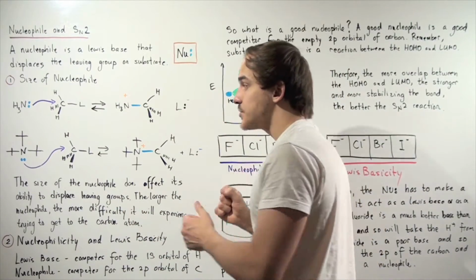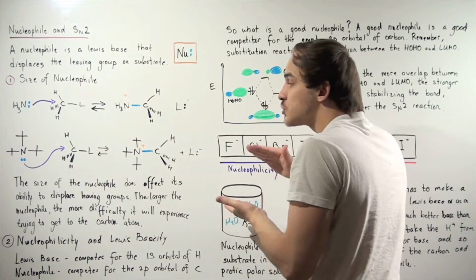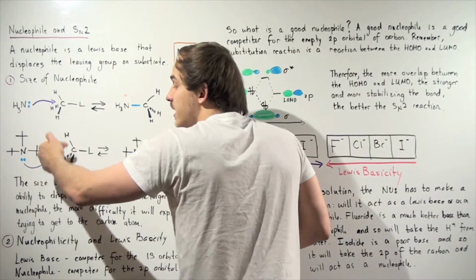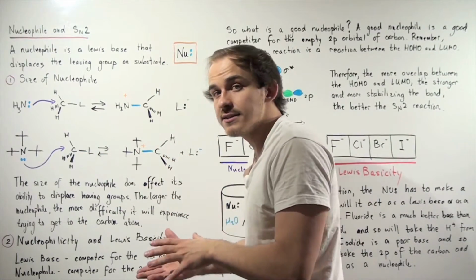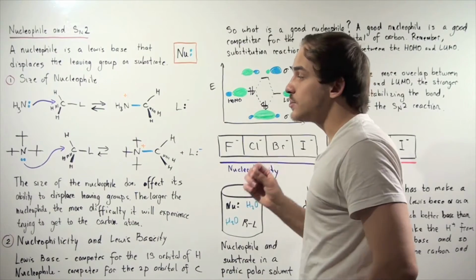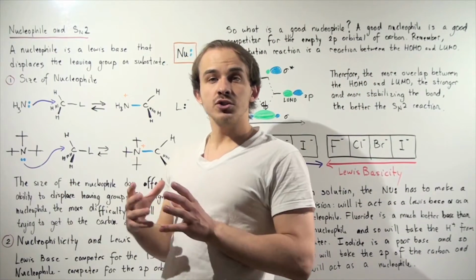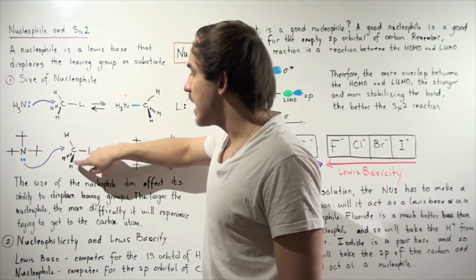So that means this reaction will be much slower. It will have a much smaller rate. Why? Well, because of the size of this nucleophile. The larger our nucleophile is, the less likely our SN2 reaction will take place because of electrostatic repulsion between the electrons on the groups and these H atoms here.